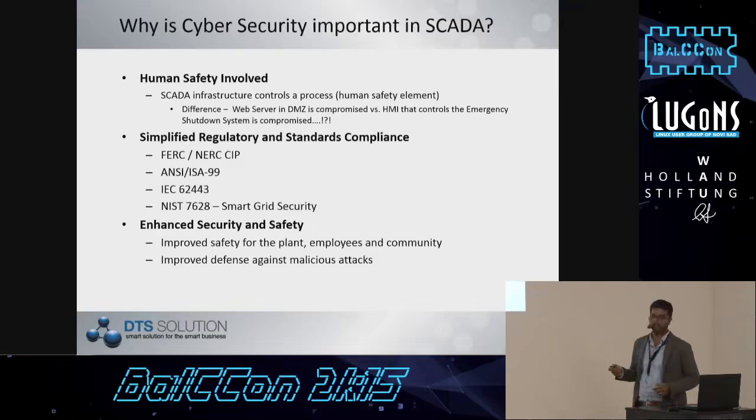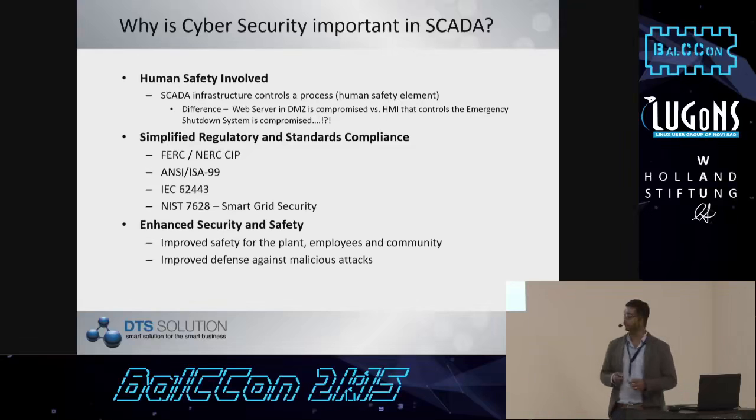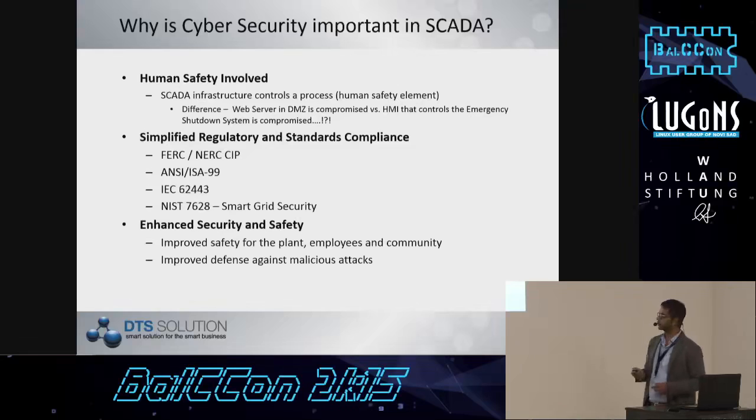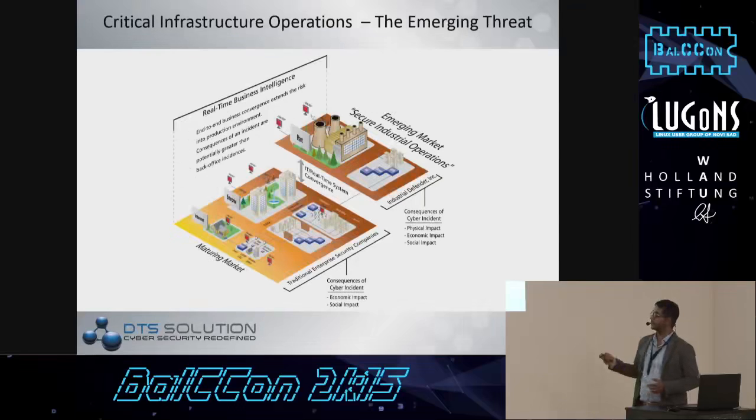You have the NERC-CIP, the IEC 62443, and the NIST 7628 for smart grid security. And of course, the most important thing in SCADA is to make sure the plant is safe from production and any intrusion malicious attempts. So typically, this is an overall architecture for a SCADA system.